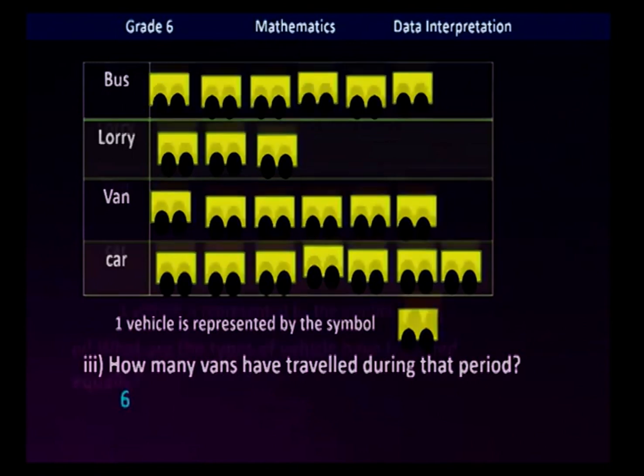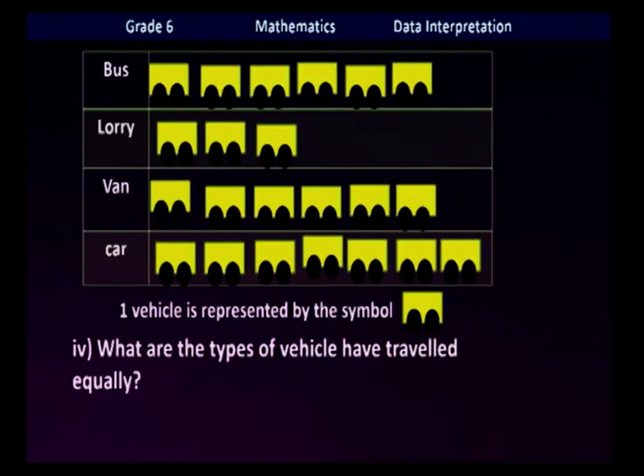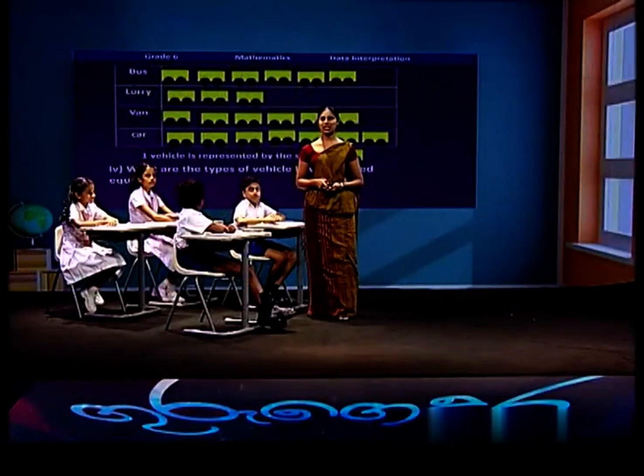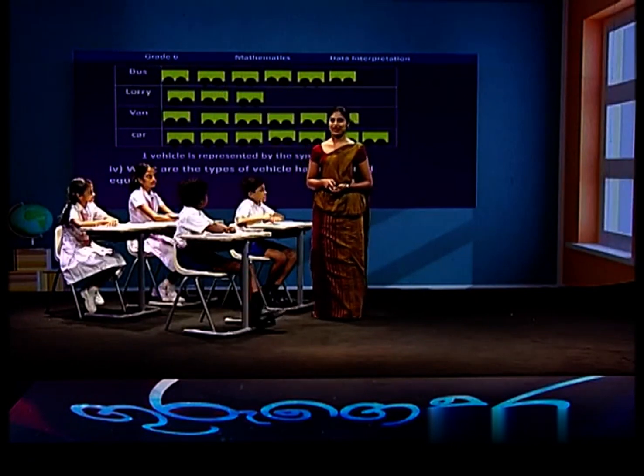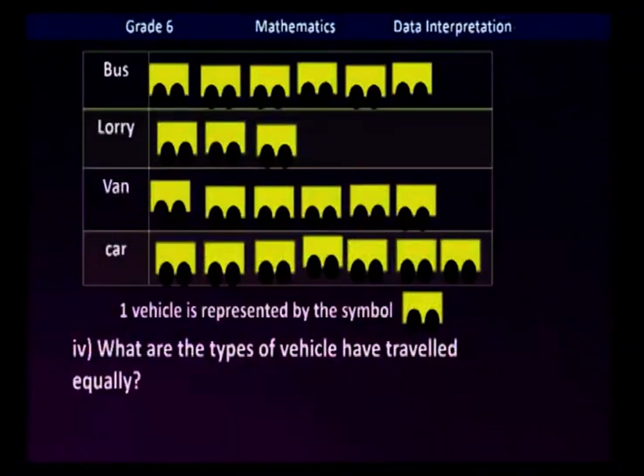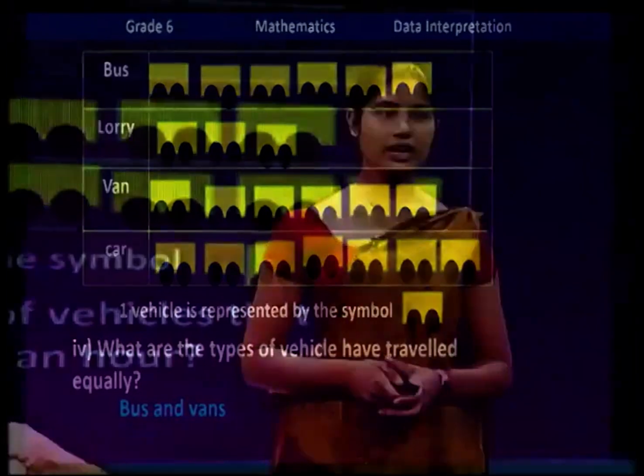Very good. What are the types of vehicle that have travelled equally? By using this picture graph, Shenara, can you give me the answer? Buses and vans. You can see an equal number of symbols on this picture graph. Those are buses and vans. Very good. How many vehicles in total travelled on the road during an hour?